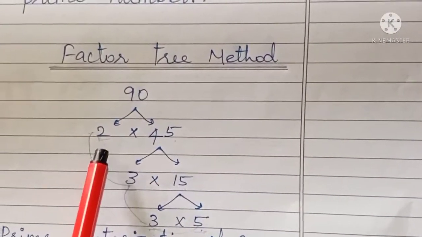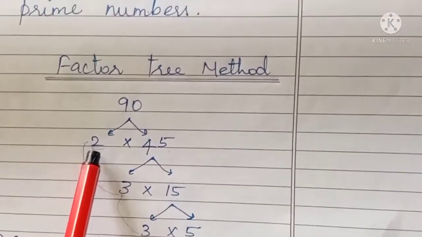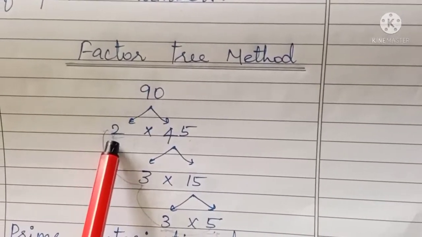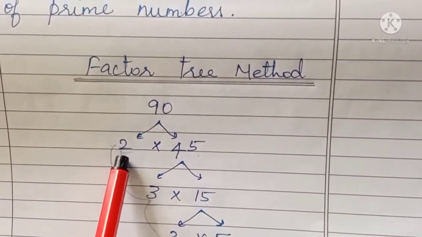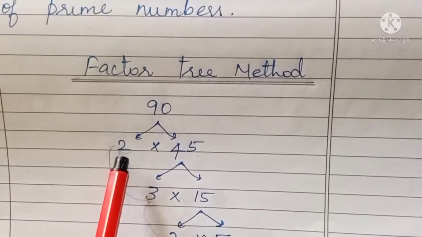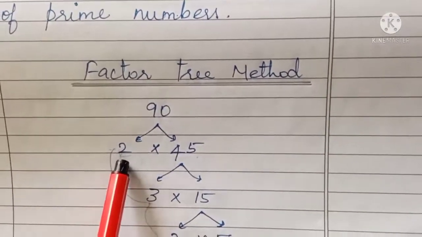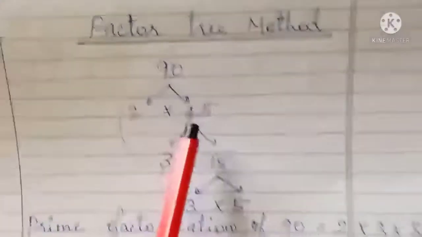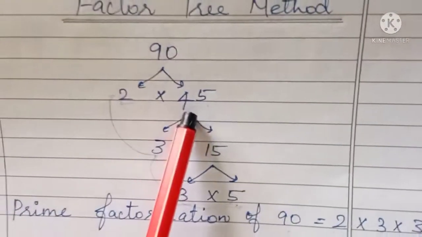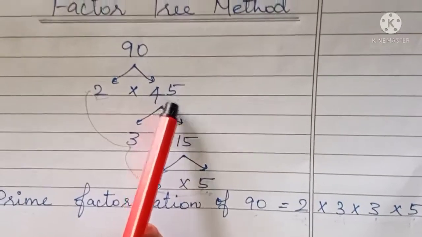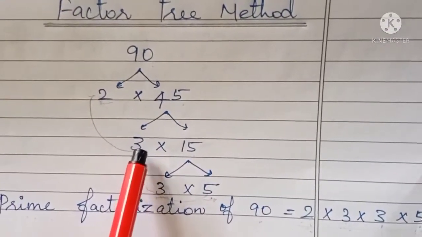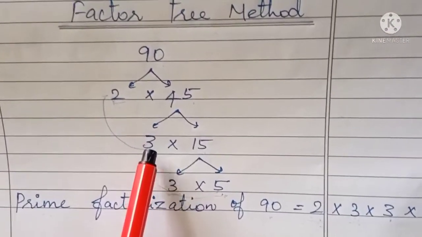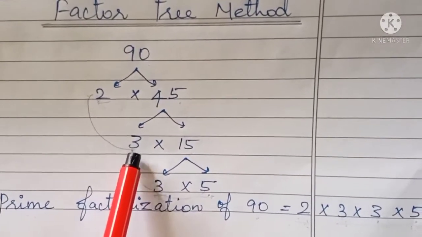My dear children, you have to select the lowest prime number. Understood? So here we take the 2 table. The same way, 45 will come in the 5 table and 9 table, and the 3 table also. So you have to select the lowest prime number. Here I am going to take 3.